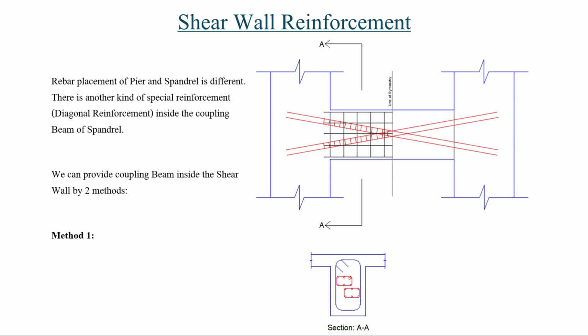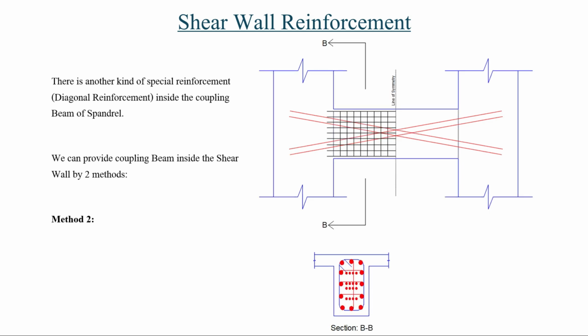We can provide coupling beam inside shear wall by two methods. This is method 1. You can see the reinforcement pattern of spandrel, and this is method 2, and here we can see the reinforcement pattern of spandrel also.